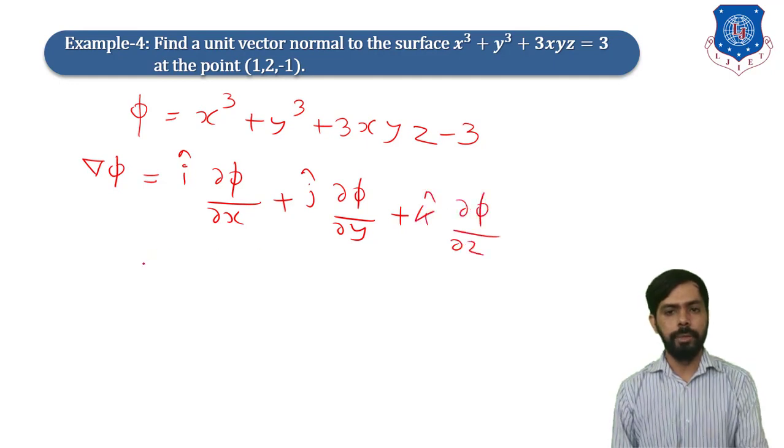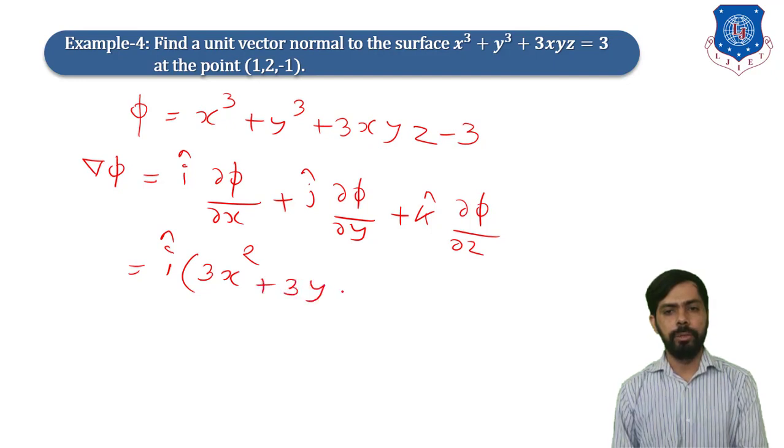The meaning of del phi by del x is that we take the partial differentiation of function phi with respect to x. So the partial derivative of x cube will be 3x square, and the second term is y cube, where y is constant, so its derivative will be 0. For the third term 3xyz, 3yz stays as it is and the derivative of x with respect to x is 1. The last term is constant, so its derivative will be 0.